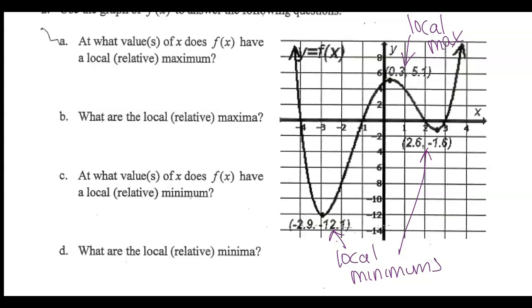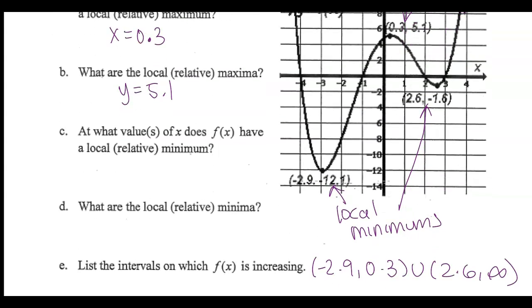So for these, I'm just going to write out my local maximum. It specifically says here for the x. So the x for the local maximum is 0.3. What are the local maxima? That's just the y value. It's really just asking for the y. So your y value, which is 5.1. You don't need to put the y equals, but I did. What are the x values for your local minima?